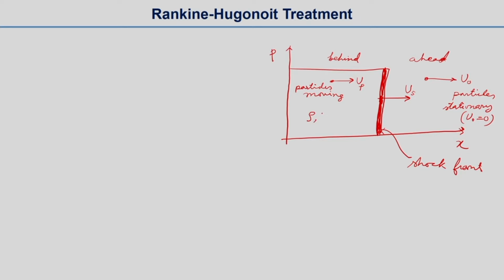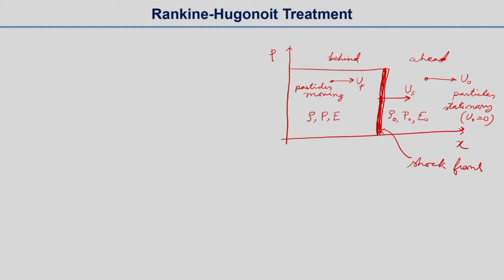Behind the shock front we have density rho, pressure P and internal energy E per unit mass, and on the other side we have density rho naught, P naught and E naught.